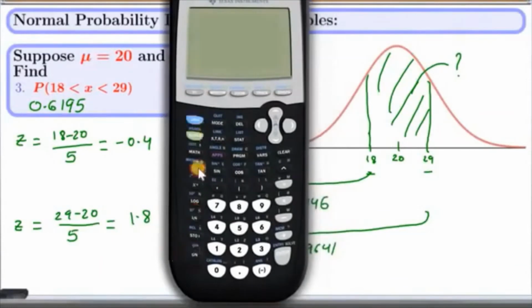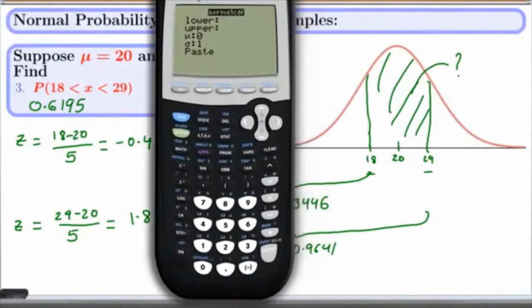For that, go to second distribution, then we need normal CDF, select that, then hit enter. So let me clear my calculator here. Looking at the diagram here, we can decide what are our lower value, our upper value, our mean, and standard deviation.